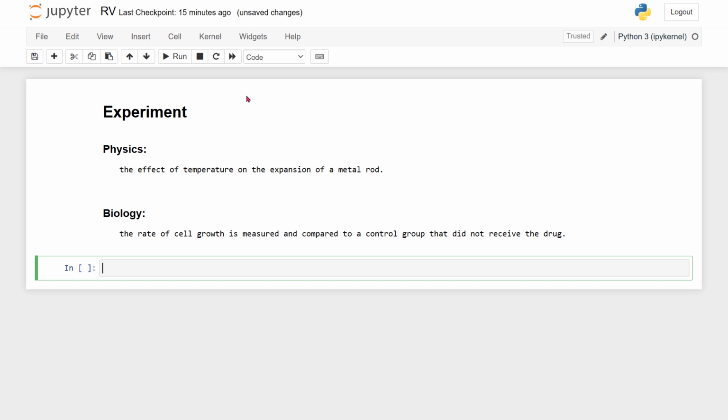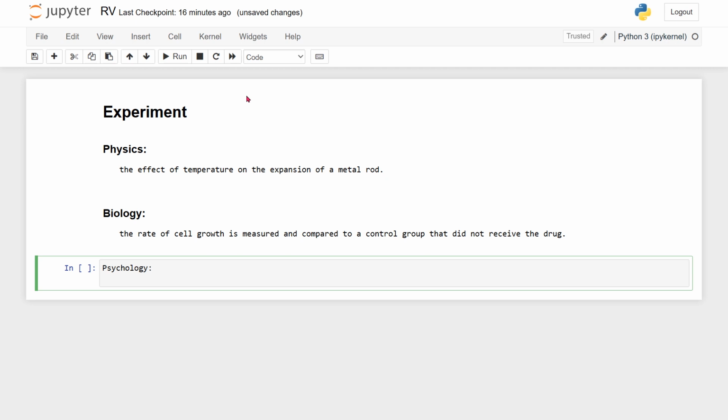Let's see a few more examples. This time is from psychology. That would be easier for many of you to understand. A psychology experiment investigates the effect of sleep deprivation on memory.